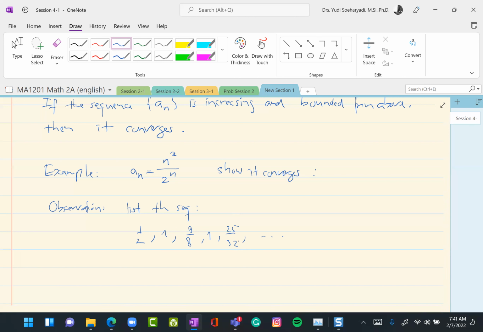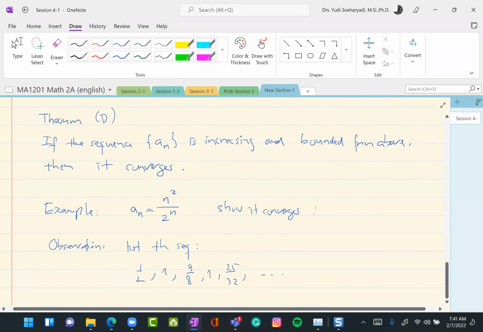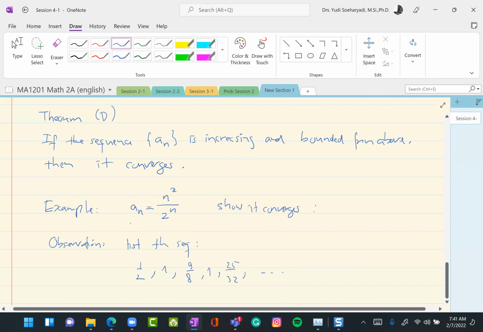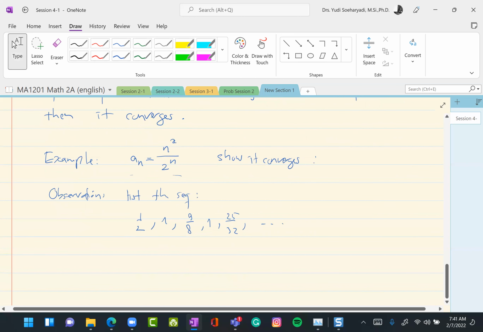Okay, so we turn to the problem here, what the term is. Okay, so we will show this one is increasing, not for all n but for larger n.